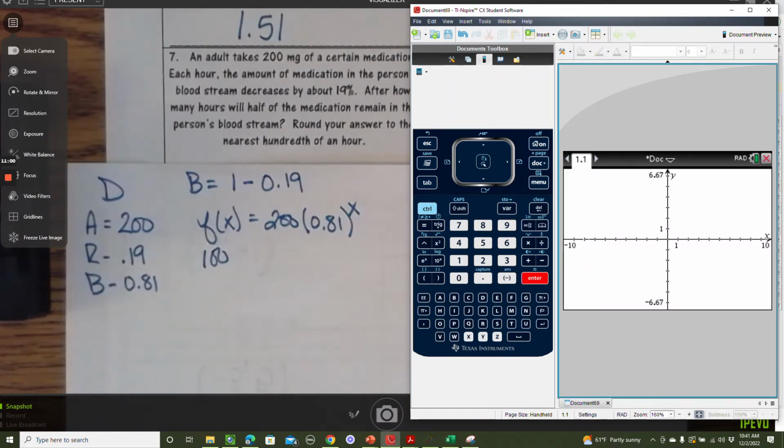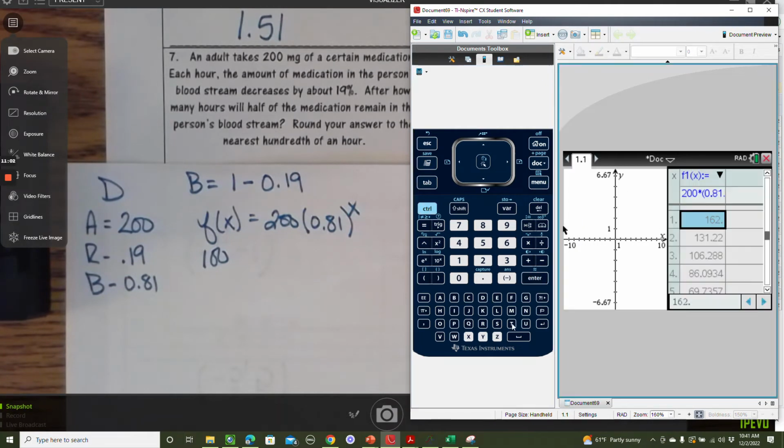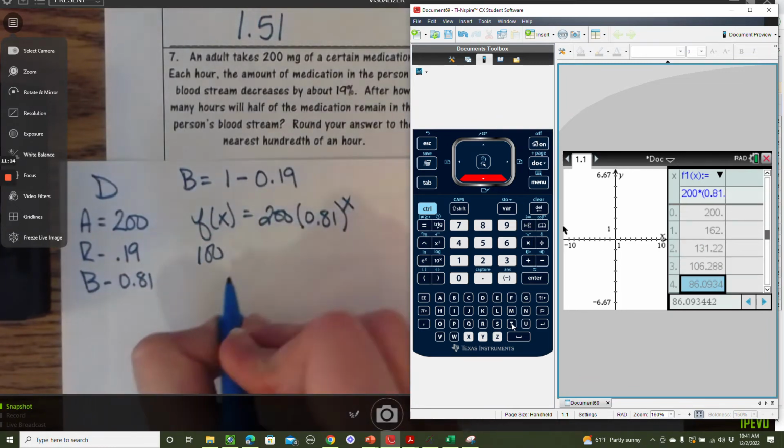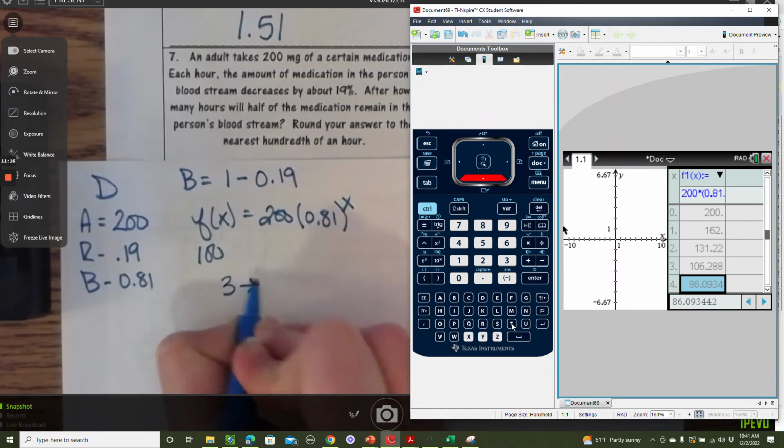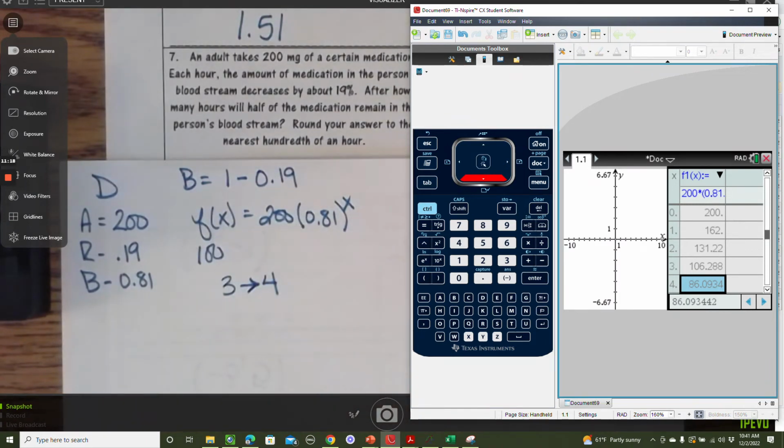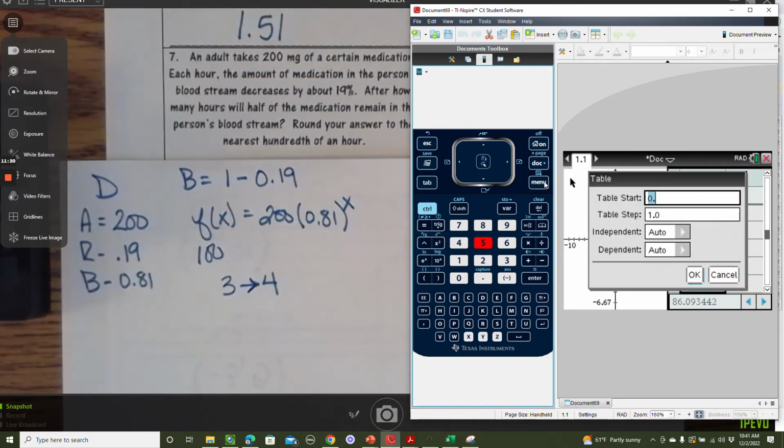We're looking for 100. 0 is 200, 1 is 162, 2 is 131. So in between 3 and 4. So I'm going to go Menu 2, 5. We're going to start at 3. And now we want the step to be 0.1.